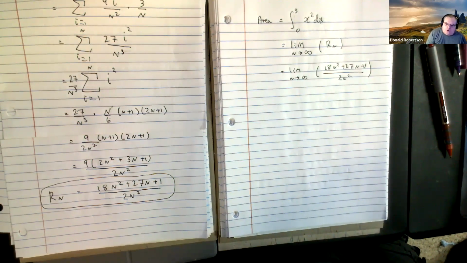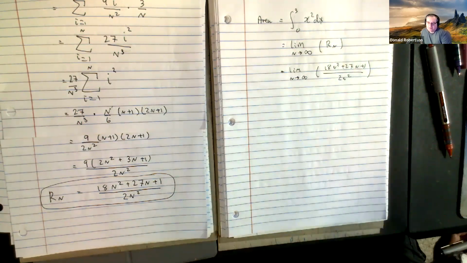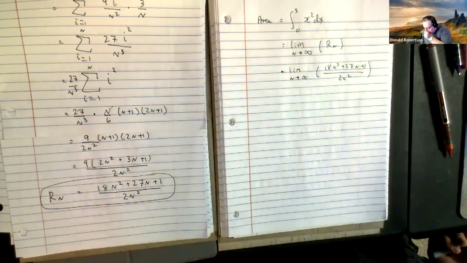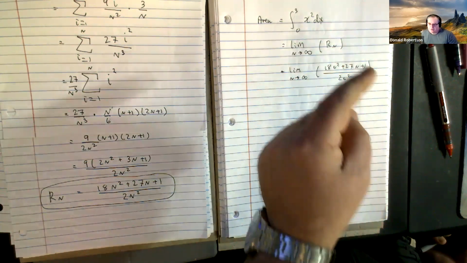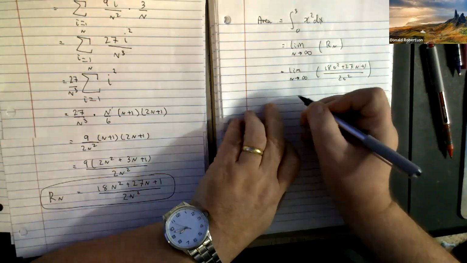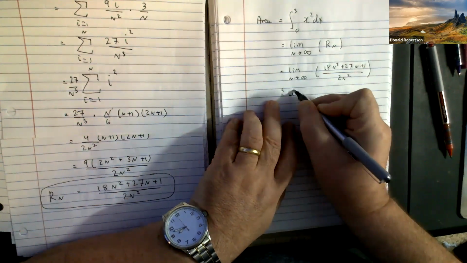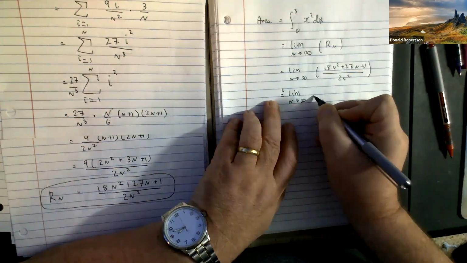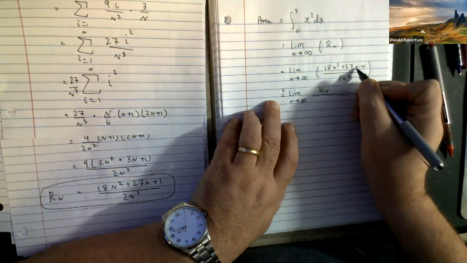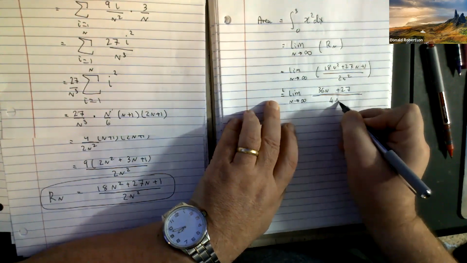Now, according to L'Hopital's rule, if the fraction that you're trying to find the limit of is undefined, that means 0 on the top and bottom, or infinity on top and bottom, as is in this case, then you can use it. So you put a little L for L'Hopital, you tell people that's what you're doing, and you do the limit as n tends to infinity, and you differentiate that, and you get 36n, and you differentiate that, and you get 27, and you differentiate that guy, and you get 4n.